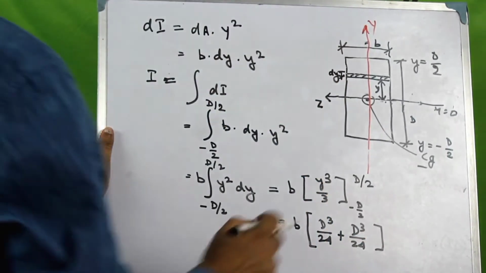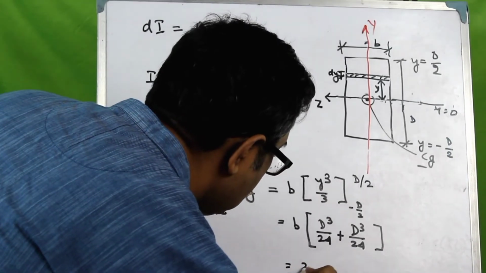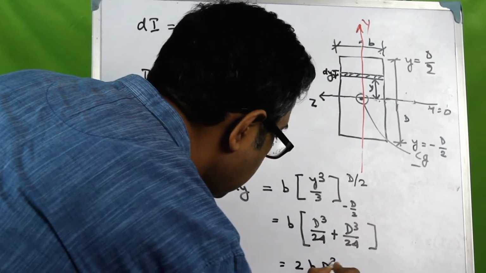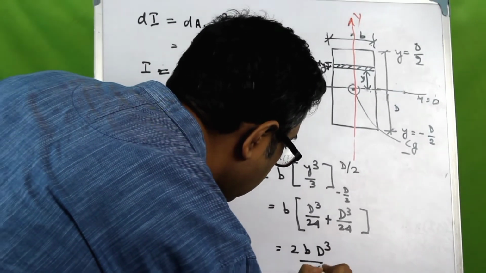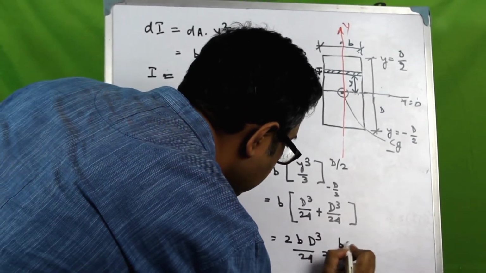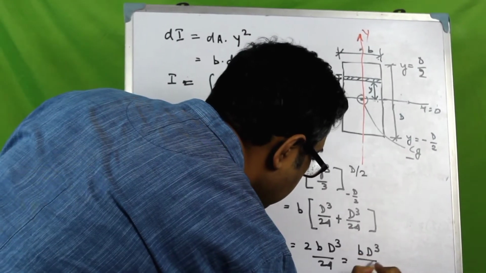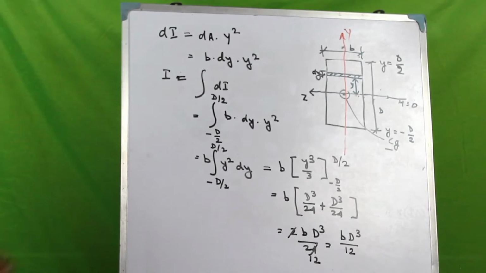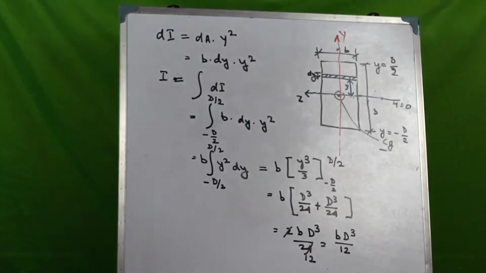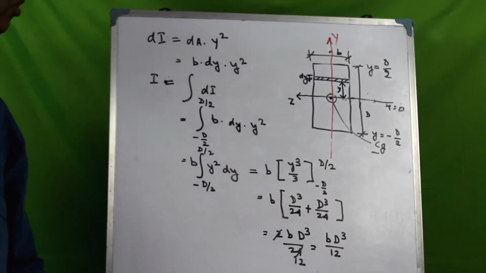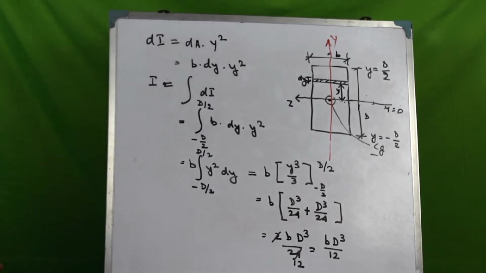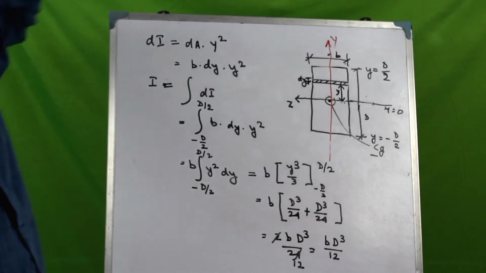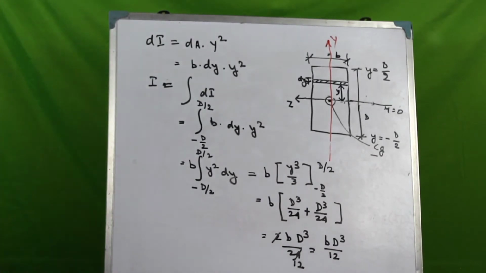So it would become 2b d cube by 24, or bd cube by 12, because 2 12s are 24. So this is the moment of inertia of the rectangular section for bending about the z-axis.